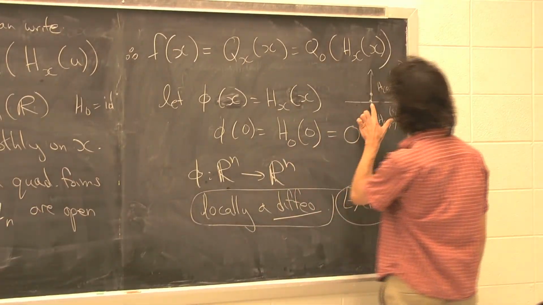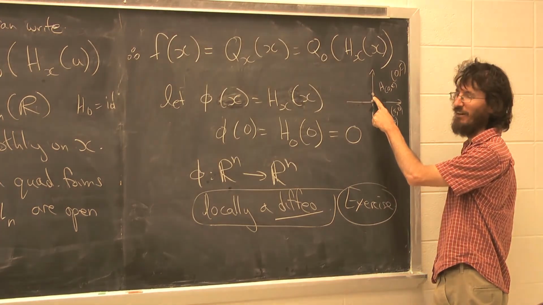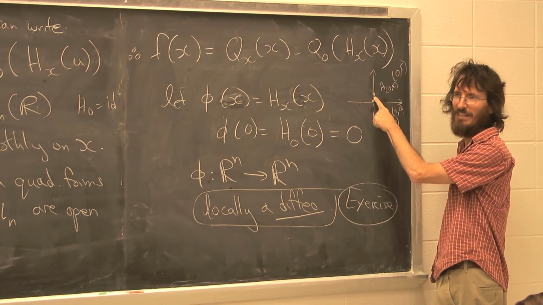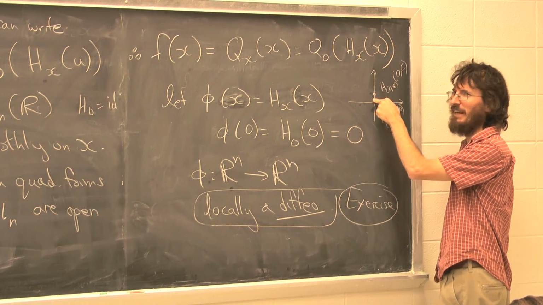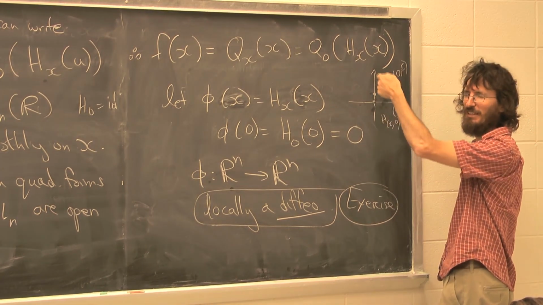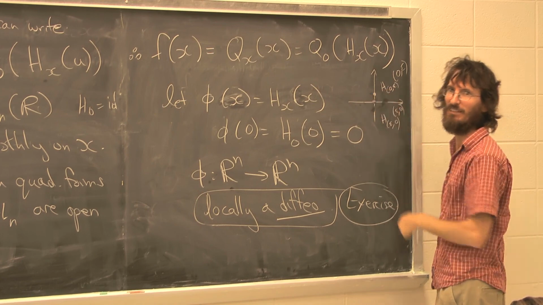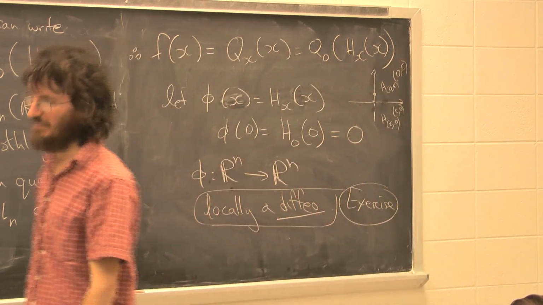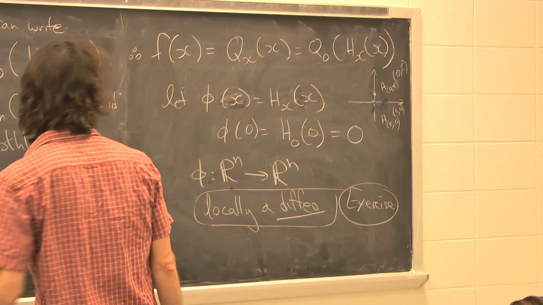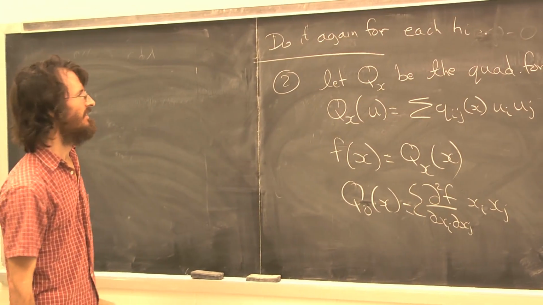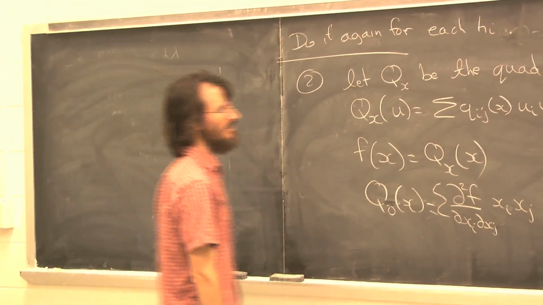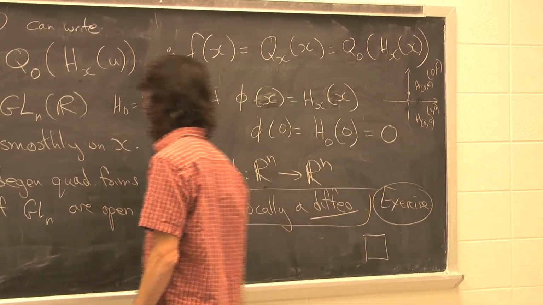Somehow, as you move infinitesimally in some direction, you stay very close to the identity. Therefore, the actual value at that point has moved infinitesimally in that same direction. Right? That's the right idea. And so, modulo that, we're done. And that proves the Morse lemma.